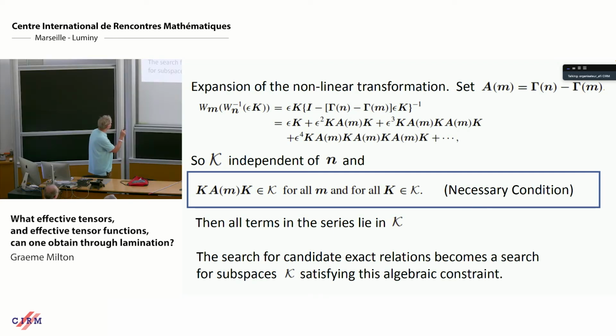So you have this condition on your subspace K, and this A of M just depends upon these gamma operators. So this is something you know according to the problem under consideration.